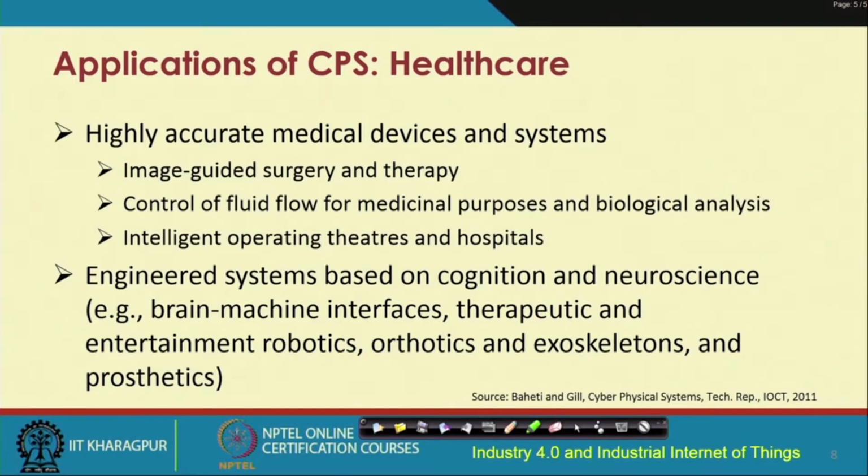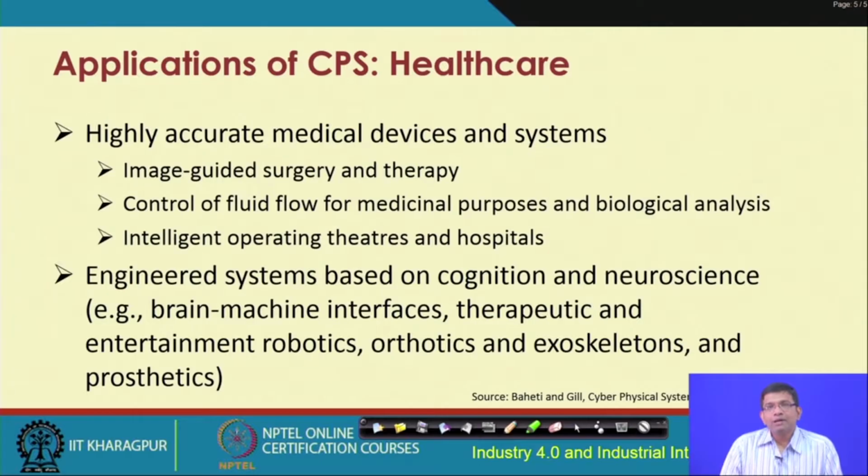In healthcare, as you know, what is very important is to have medical devices and systems which will measure things at a very high level of accuracy. Some physiological parameter of a patient, for example, has to be measured very accurately by different medical devices and systems. So, obviously, if you think a little bit deeper, you will realize that cyber physical systems will be very attractive for use in healthcare, right.